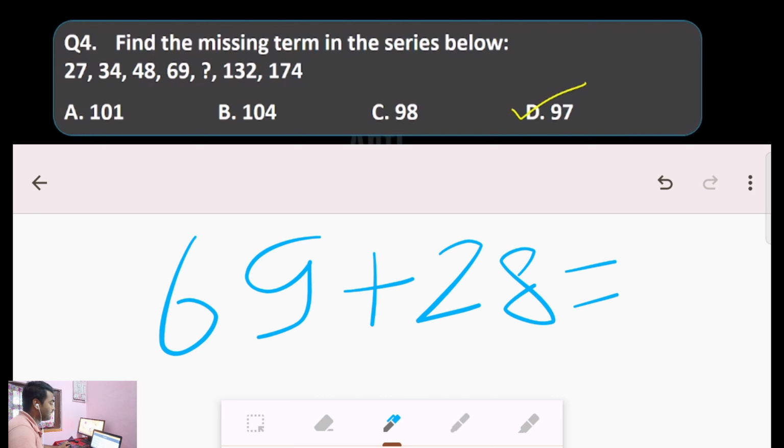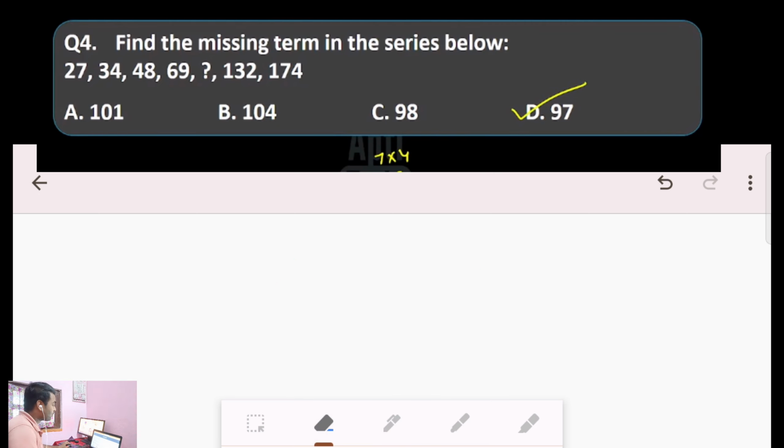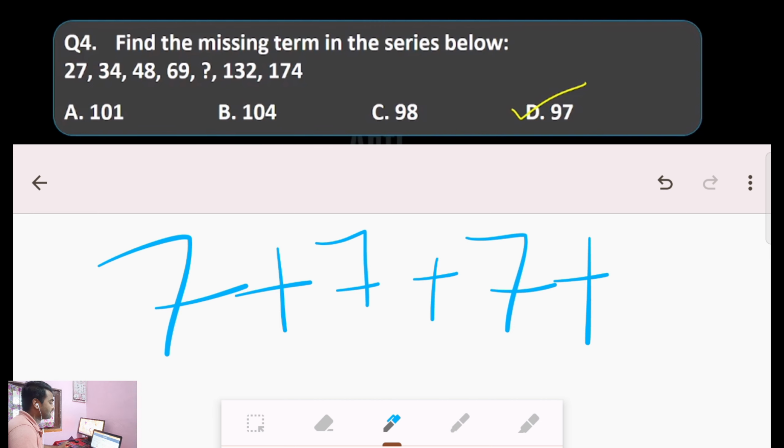Think, the answer will be 97. So the fourth option, D, is correct, because in this question we have a difference of 7, again plus 7, again plus 7, meaning the table of 7. Pretty much easy. So always remember, every question has logic behind it, so think about it and then answer it. So let's move to the fifth question, guys.